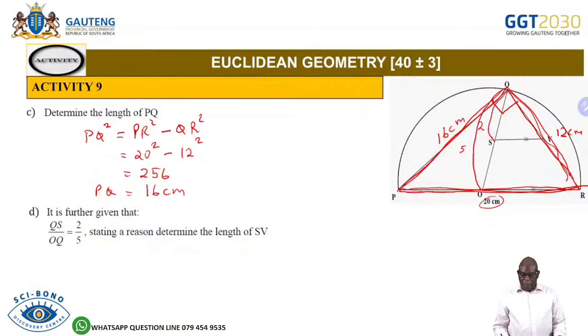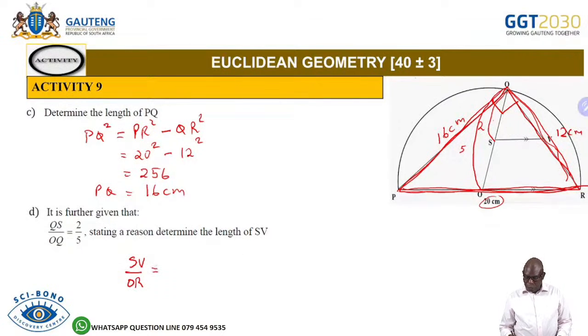Now, QS is this one. Now they say, determine the length of SV, and we must also state the reason for that. Obviously, then, what should I do? I must first write down the ratio. My ratio is going to be SV over OR.